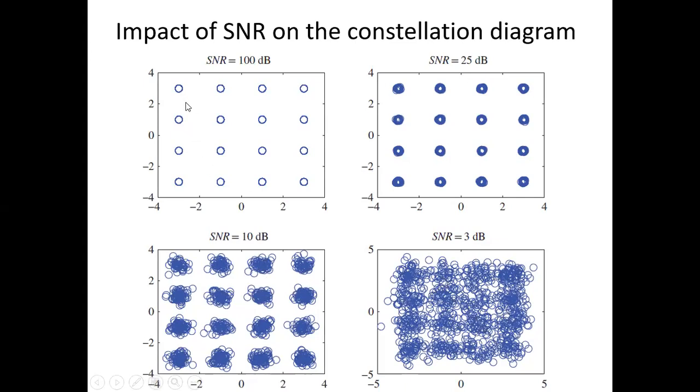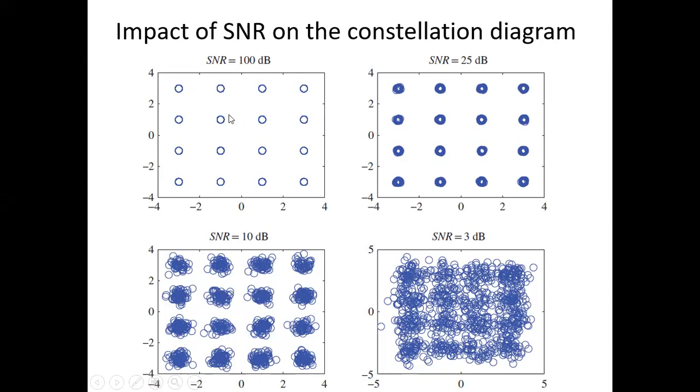The location, when you receive a symbol, it may come with a position which is closer to a different position. Like, say, this guy should be located here when you receive. But at the receiving end, if it is shifted a little bit, then the receiver will make a decision, and it may still assume that it is pretty close to this particular position, so it will detect it as this one.